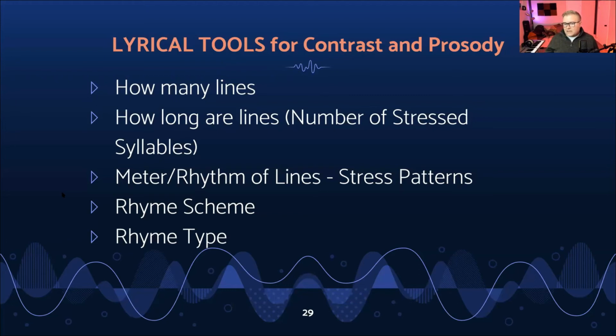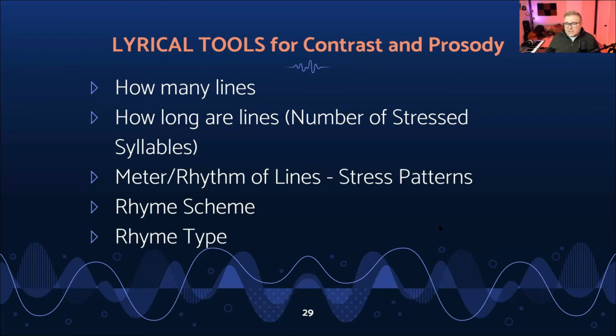And that's a disconnect where our brain's trying to figure that out, so that takes us out of experiencing that song. So if you're writing a song that's really sad or really unstable, try adding a line or taking away a line to unbalance it and see how that feels.